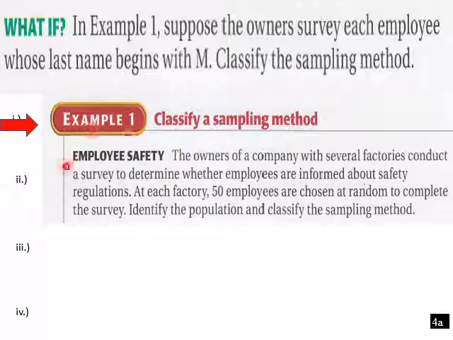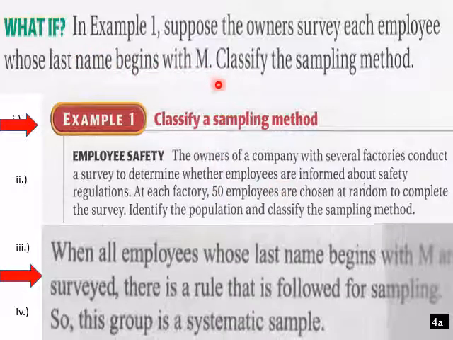Classifying here was example 1, about the employees at each factory whose last name begins with M. When all employees whose last name begins with M are surveyed, there is a rule that is followed for sampling. So this group is a systematic sample, systematic because there is a rule that is followed for sampling.